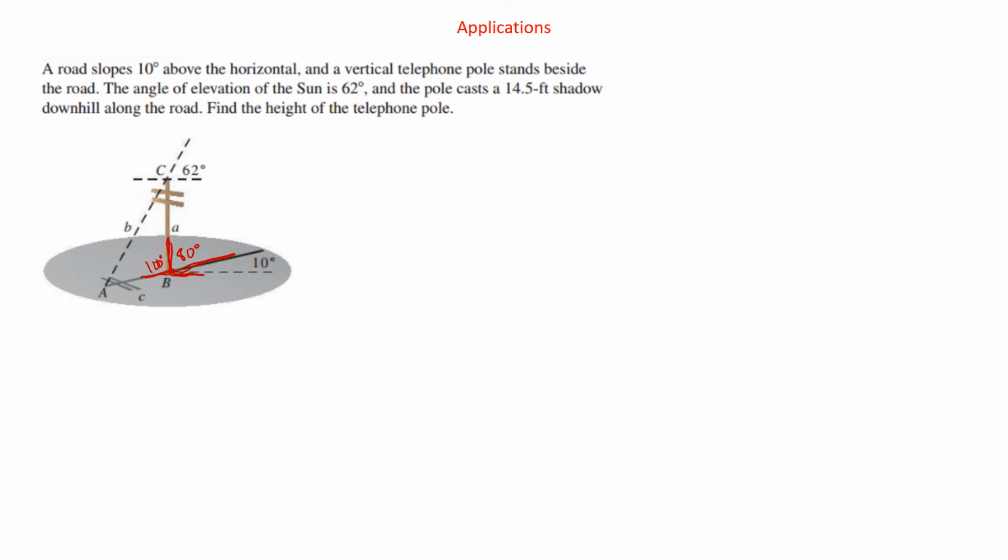We know that the pole casts a 14.5-foot shadow. So AB is going to be 14.5 feet.